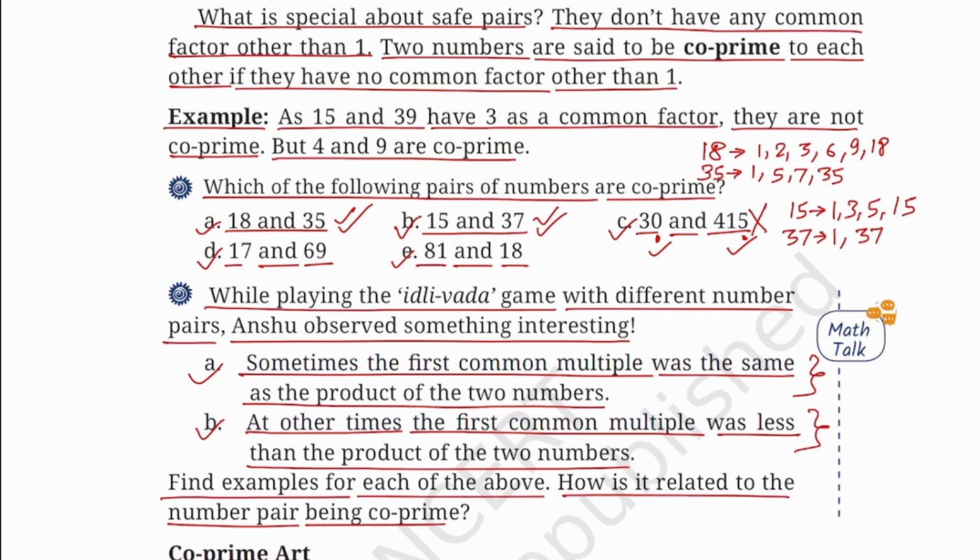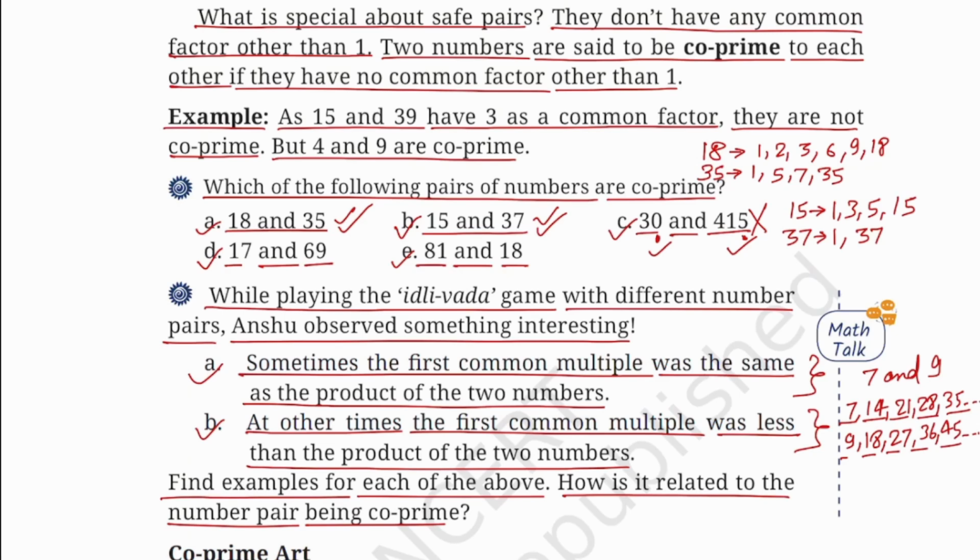For example, let's take the numbers 7 and 9. Multiples of 7 are 7, 14, 21, 28, 35 and so on. Multiples of 9 and so on. At these places, idli will be sold, and at these places, vada will be sold.